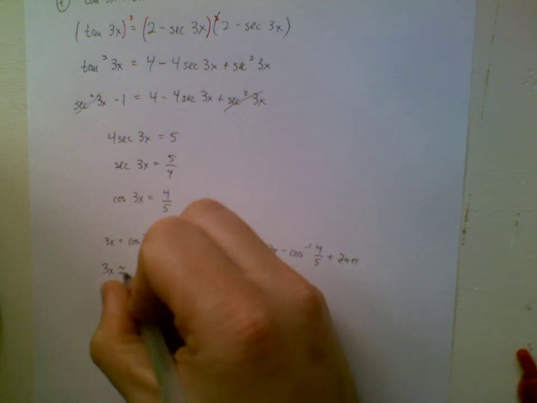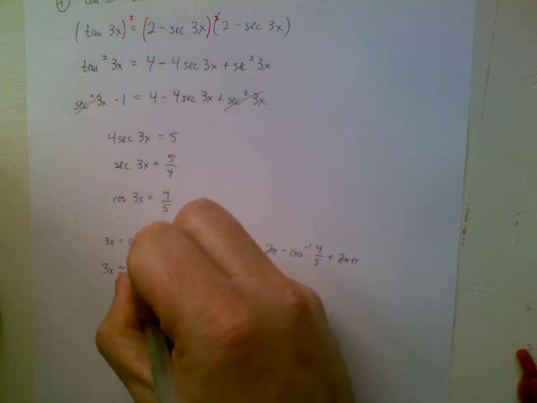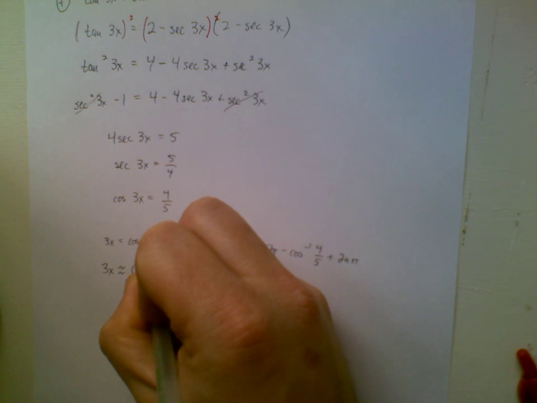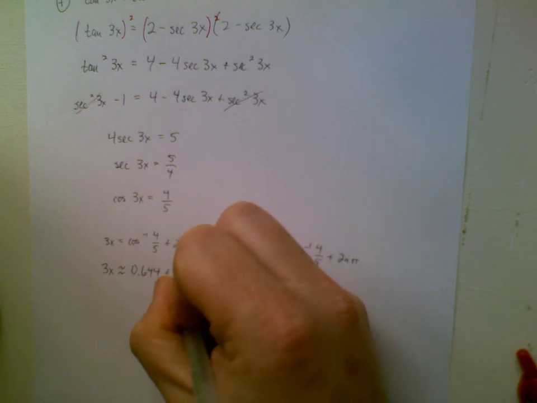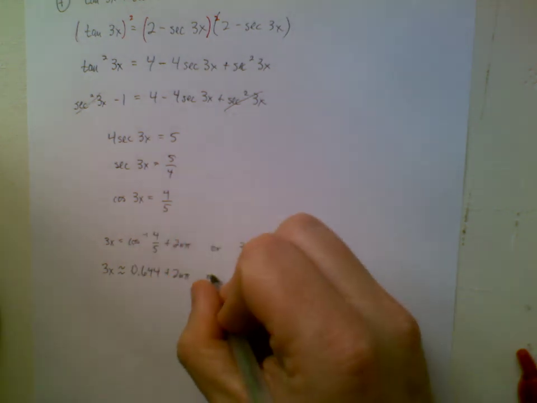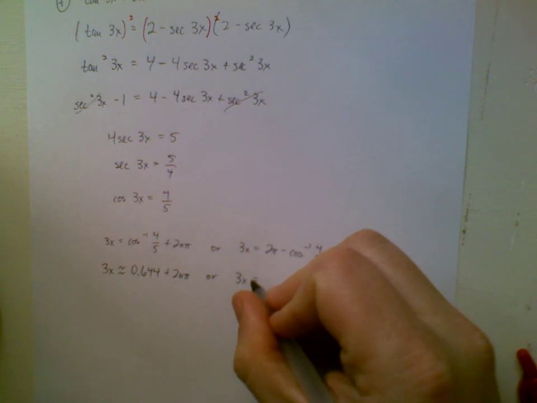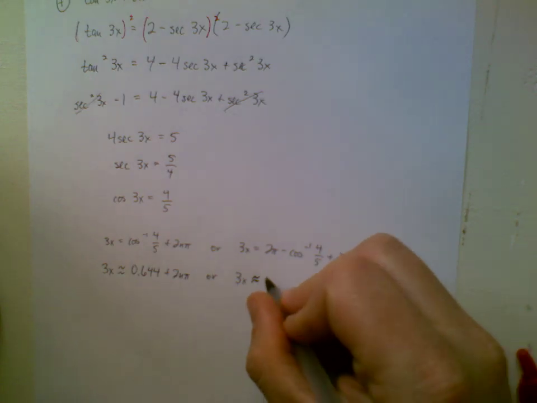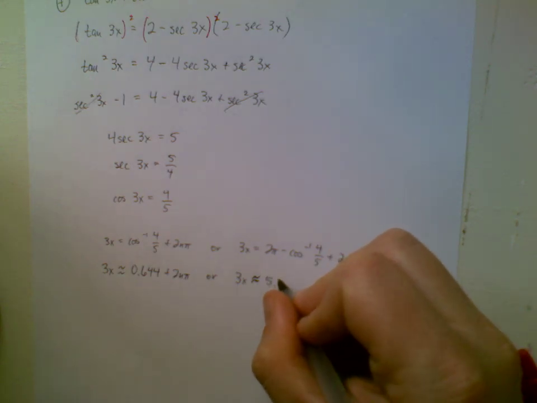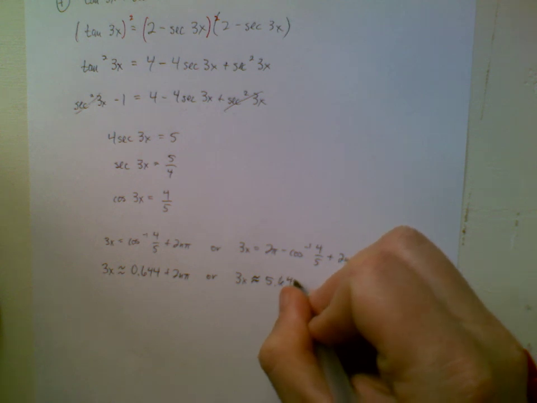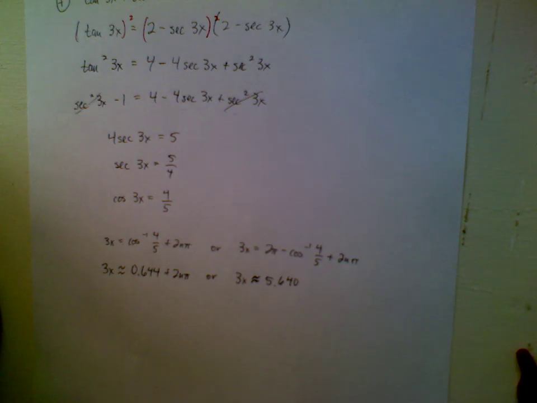Okay, that's about 0.644. So 2 pi minus that is about 5.640.